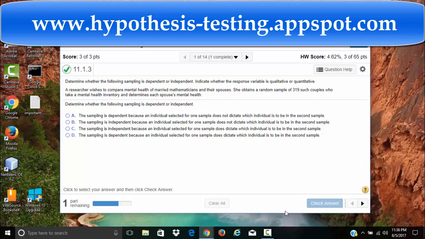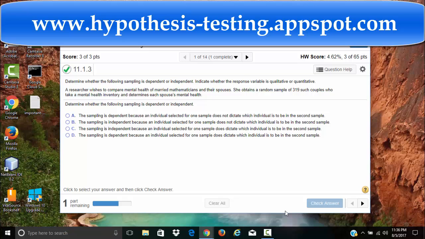Okay, so when you talk of dependent or independent, you look at the two events. If any of the events cannot occur without the other one, then you're talking about dependent events. But if both events can occur independently, like one does not have to depend on the other, then they are independent events.